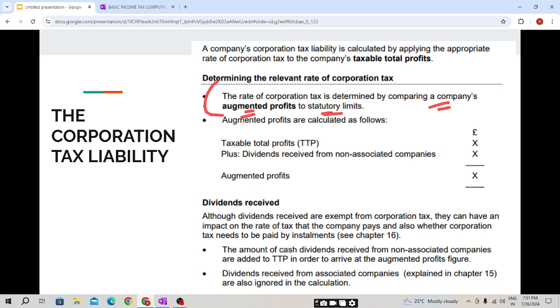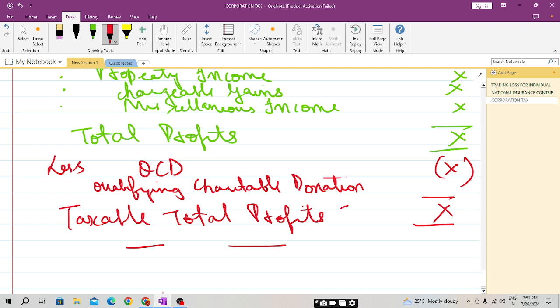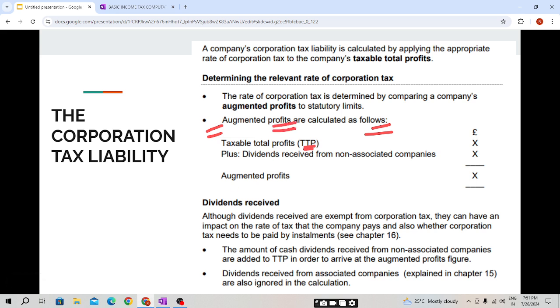So now first we need to discuss what the term augmented profit means and what statutory limit means. First we will cover how augmented profit is calculated. Taxable total profit, that is TTP, plus dividend received from non-associated companies.